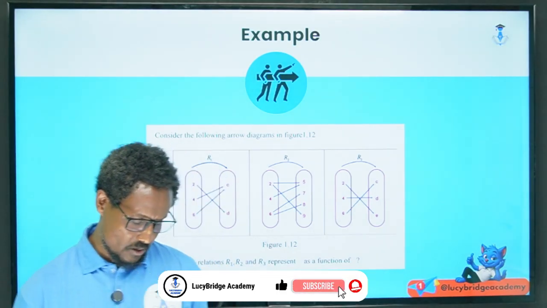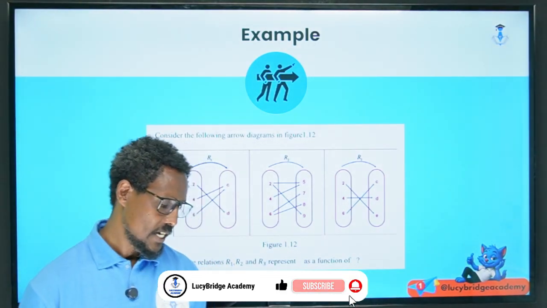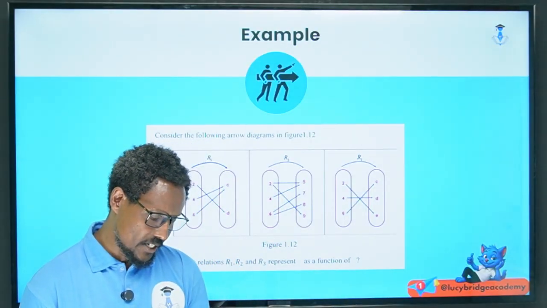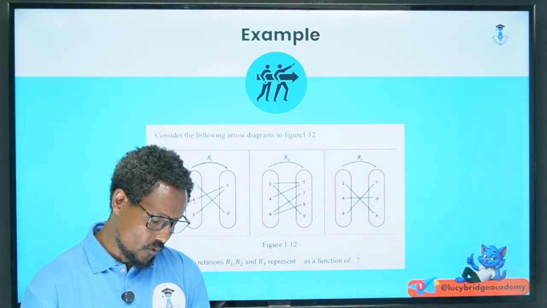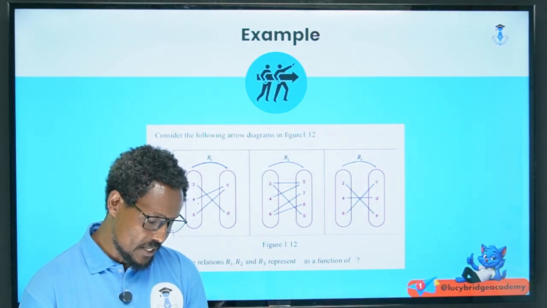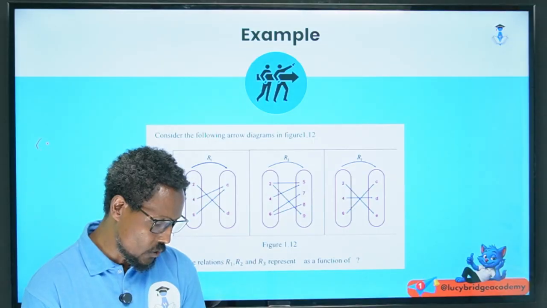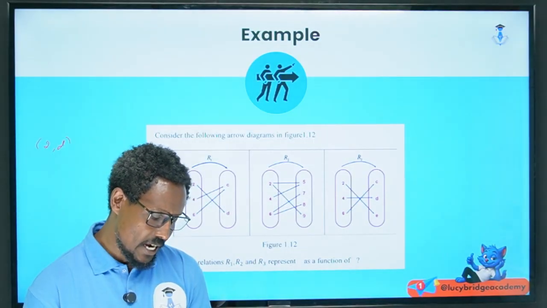Consider the following arrow diagram in the figure. All right, the very important diagram. Look, the first components are 2, 4, 6. This means 2 is a pre-image of D, so (2, D) is an element of R1.